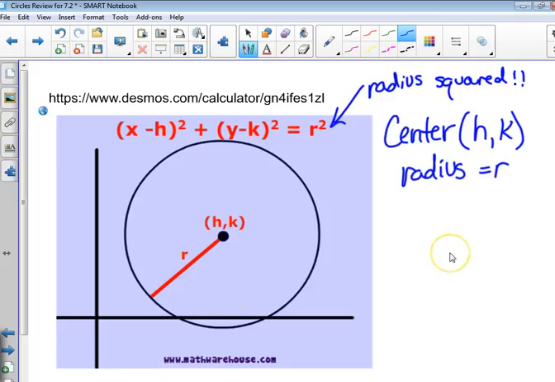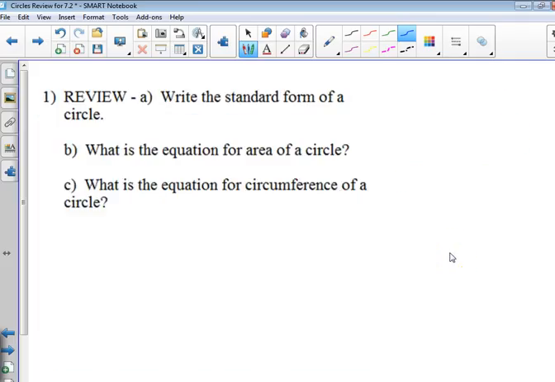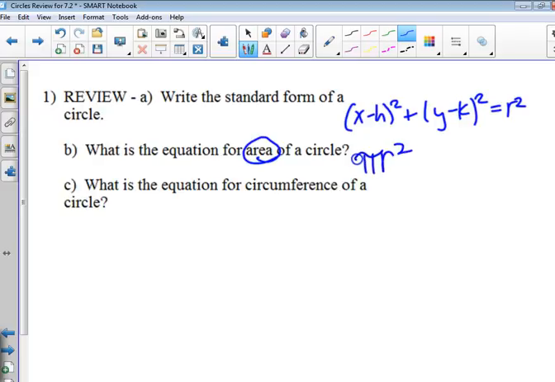All right, going back to the notes, couple quick things. You already wrote this first one down, yes? Standard form, everybody got that? All right. What is the area formula for a circle? Okay, the area and the circumference formula both have a 2 and a pi and an r. Then the question is, area is what kind of units? Square units. So that one has the r squared.